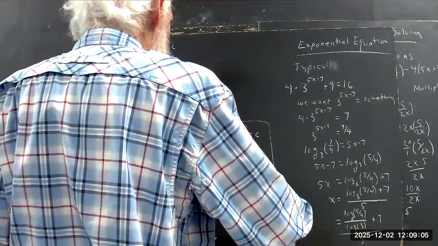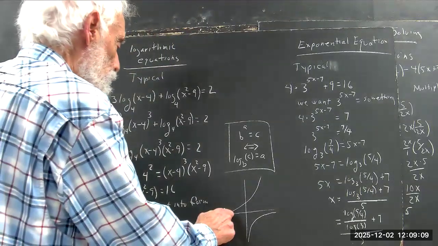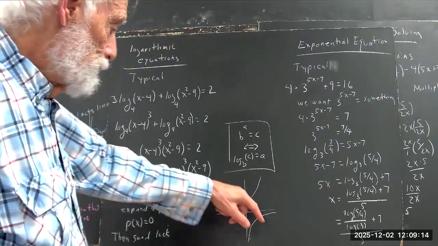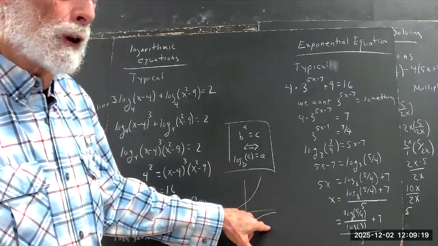Logarithmic functions are just a reflection, sort of, of the exponential functions. And this part of the graph here corresponds to this part of the graph here. And this thing never touches the y-axis. So x is never 0 for a logarithmic function.